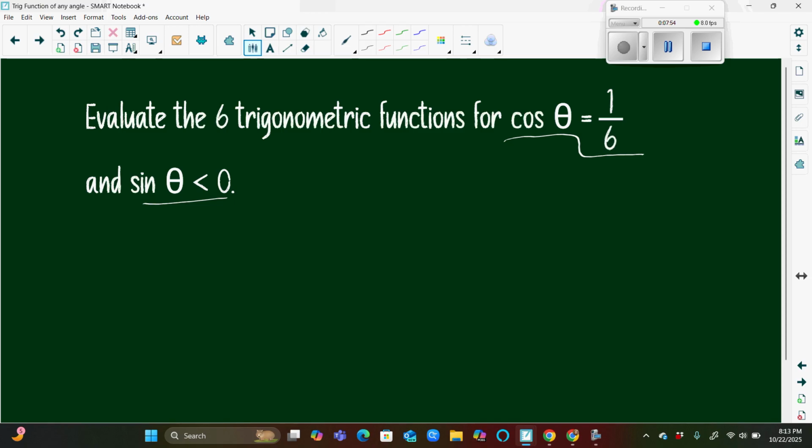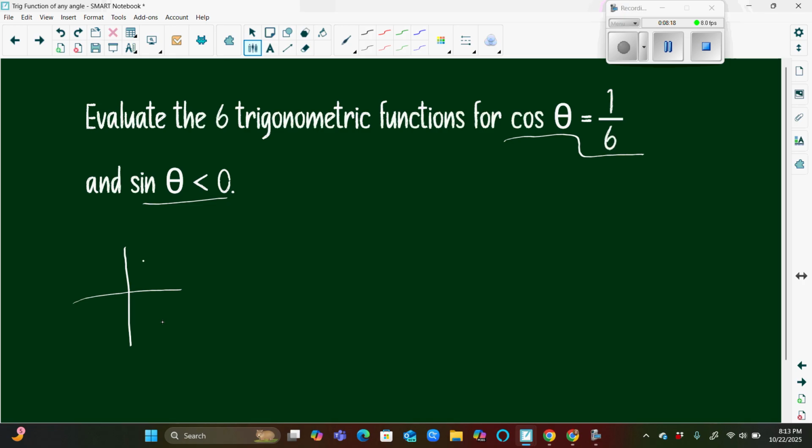So we need to figure out which quadrant this angle is located in, because cosine is positive and sine is negative. So if you remember, the first quadrant is plus plus, second quadrant is minus plus, third quadrant is minus minus, and fourth quadrant is plus minus.